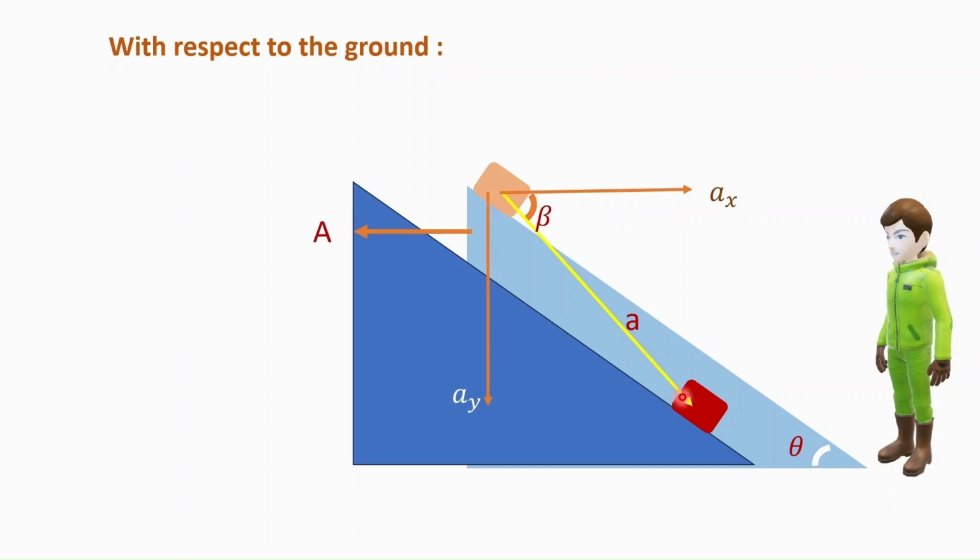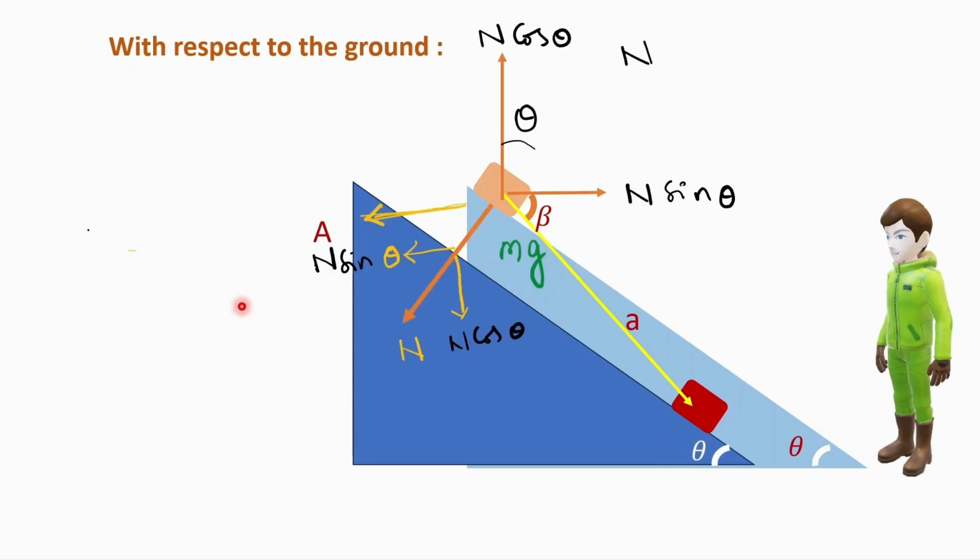If this block moves along the inclined surface only, then this beta certainly is equal to theta, but it is moving along this line, therefore this beta is not equal to theta. Here is also theta.